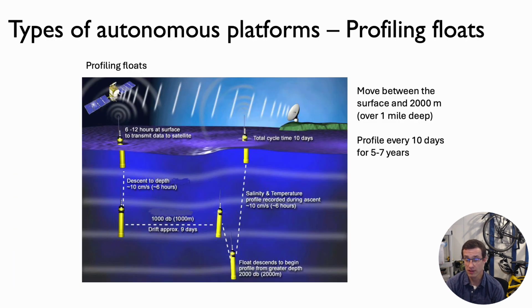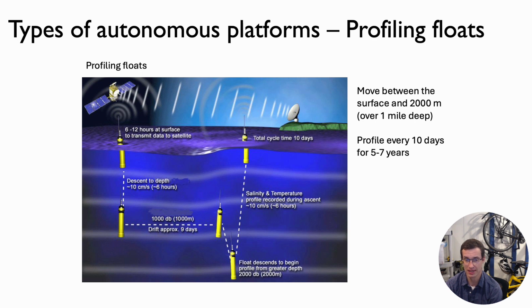So profiling floats is something I work with a lot, so I want to talk a bit more about it, in part because we're fundamentally changing how we measure the ocean and what kind of questions we can even ask, let alone answer. So profiling floats spend most of their time at depth, 1,000 meters.